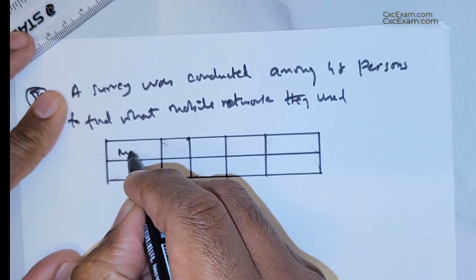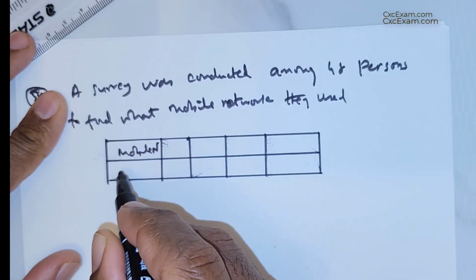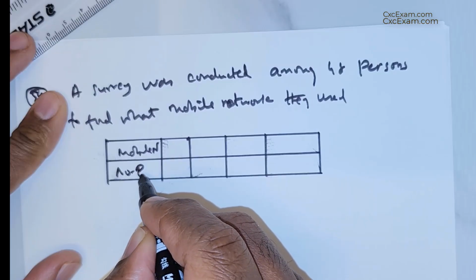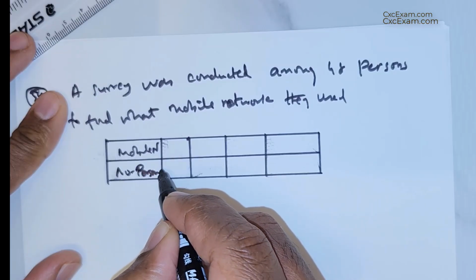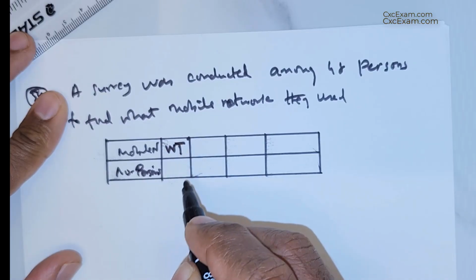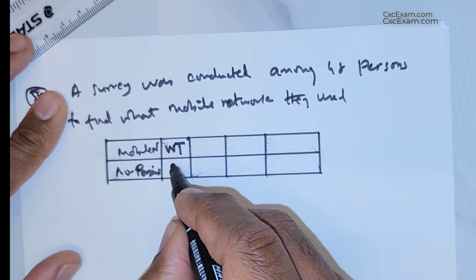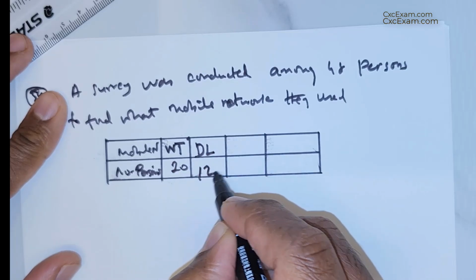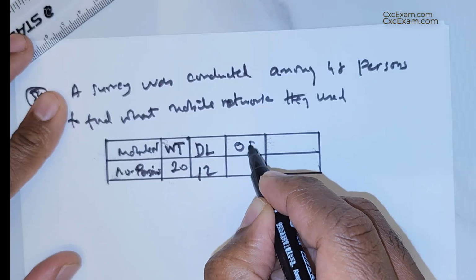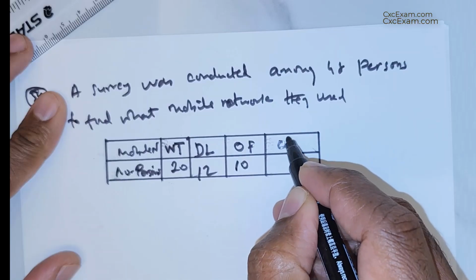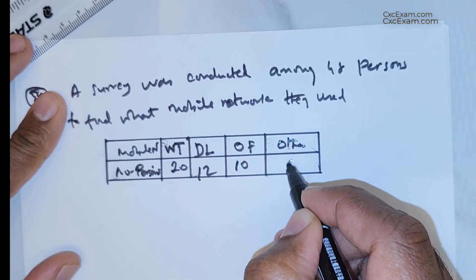So this is mobile network and number of people or persons. You have a service provider called Vertex and 20 people are using. Next is DigiLec, 12 people are using. Next is Ophone, 10 people are using, and others, 6 people are using.